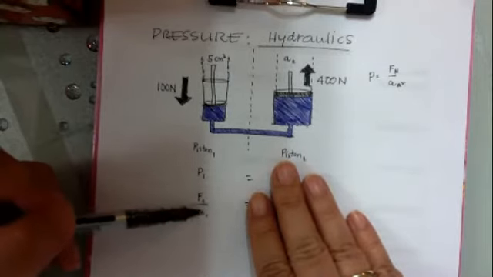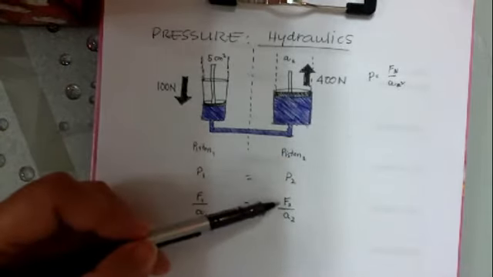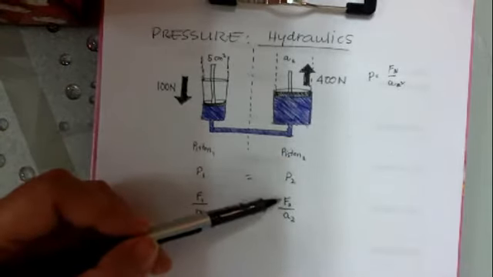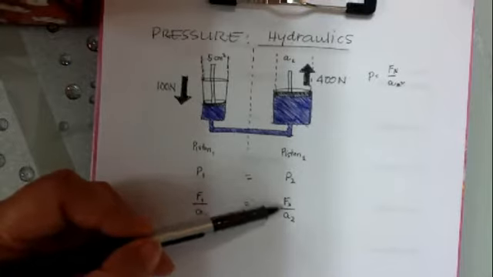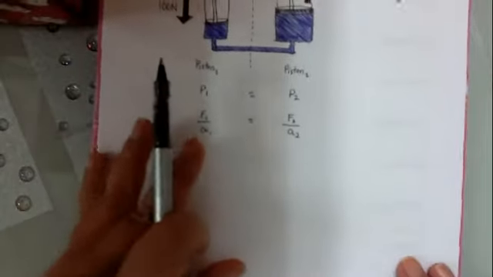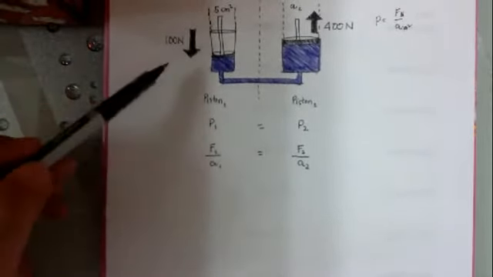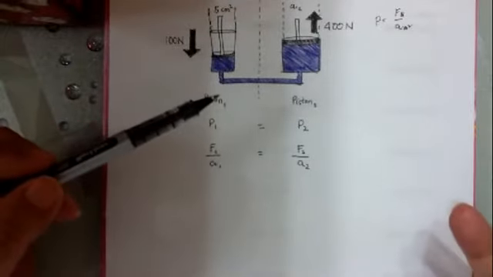I put the number 1 here so that you know we are solving for the pressure of piston 1. For piston 2, you divide the force of piston 2 by the area of piston 2. Force divided by area. Once you have that, all you need to do is substitute the values that are given.